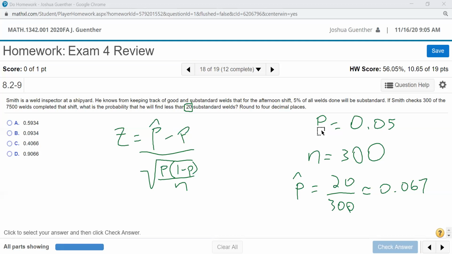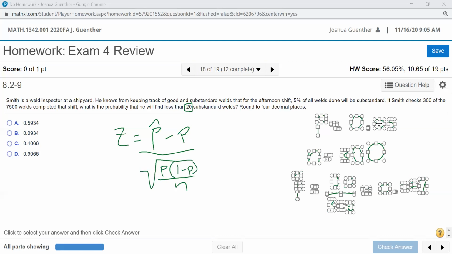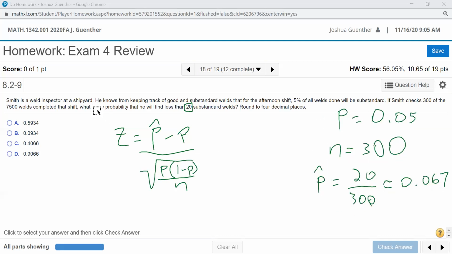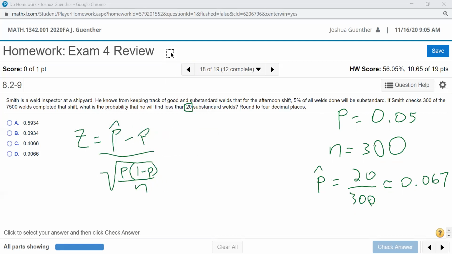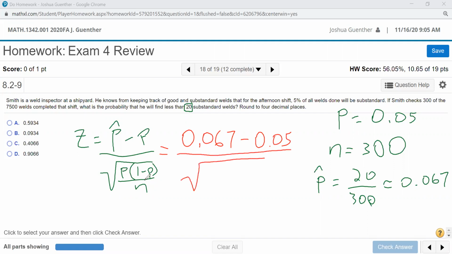And so ultimately this will become 0.067, the sample proportion, minus 0.05, the proportion of the population, divided by the square root of 0.05 times 1 minus 0.05, all over n, which is 300, our sample size.